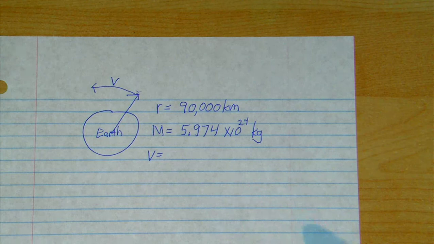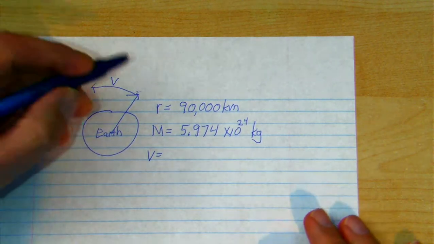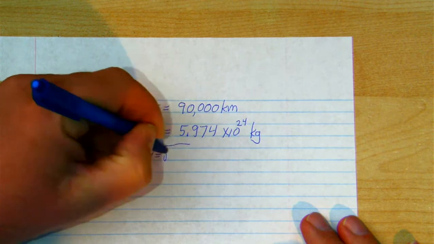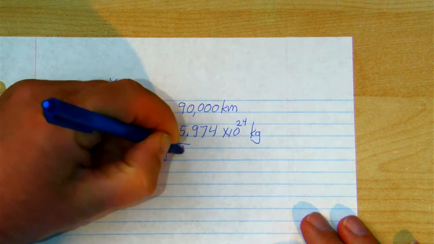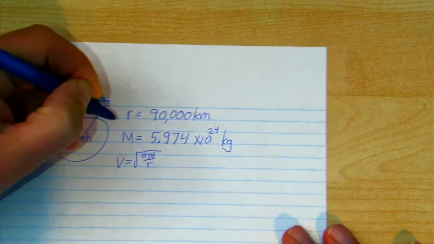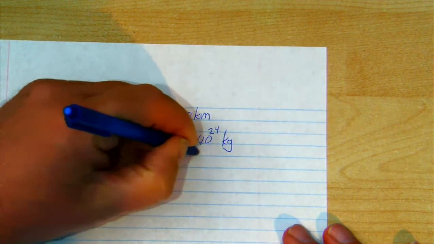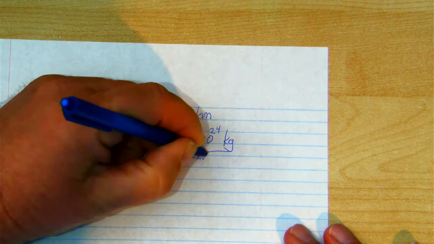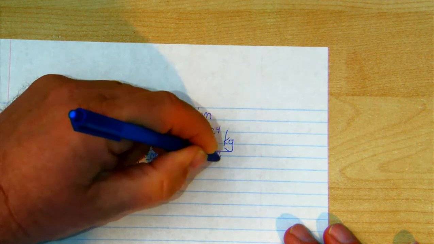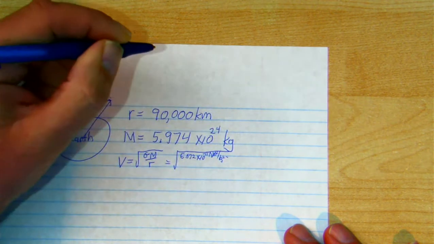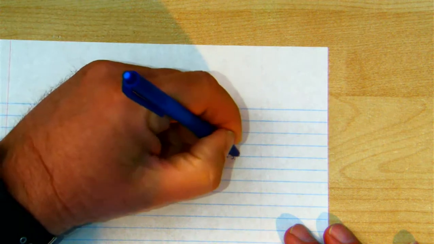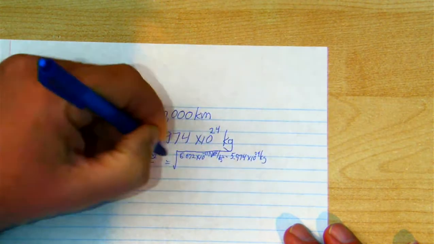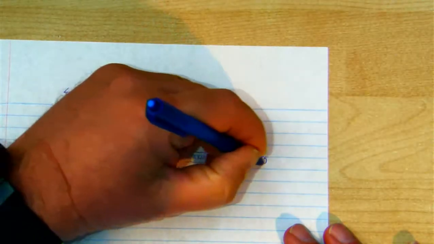Okay, so in this example, the formula is the square root of GM over r. So you're going to be taking the square root of 6.672 times 10 to the negative 11th newton meters squared per kilogram squared times the mass of the Earth, 5.974 times 10 to the 24th power kilograms, divided by the orbital radius.